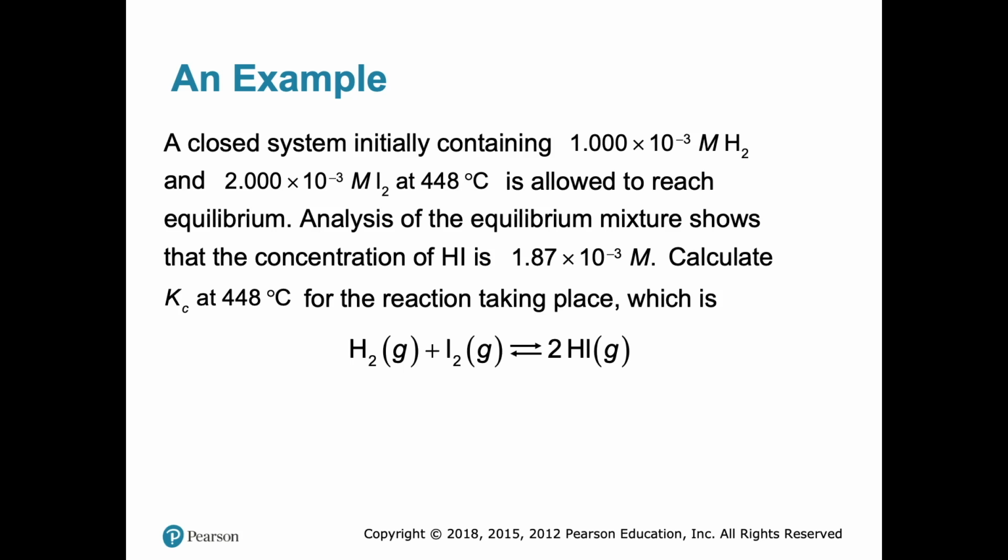An analysis of the equilibrium mixture shows that the concentration of hydrogen iodide is 1.87 times 10 to the negative 3 molar. Calculate what Kc, the equilibrium constant, is at this temperature for the reaction taking place, which is this. This is when we introduce this thing called the ICE table.